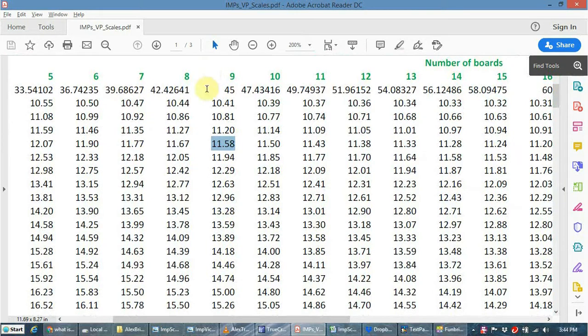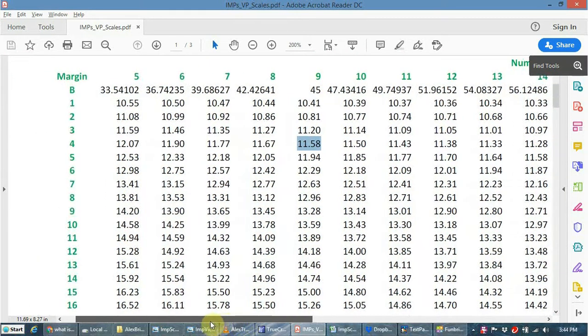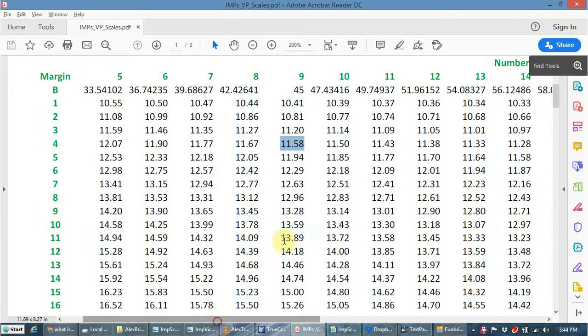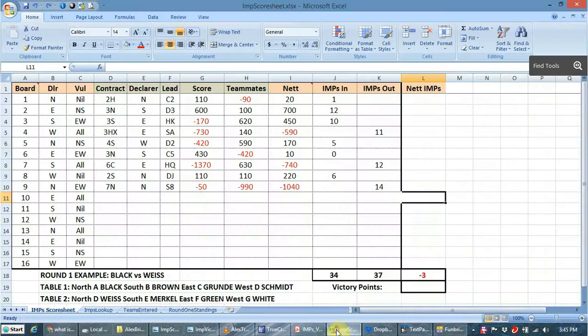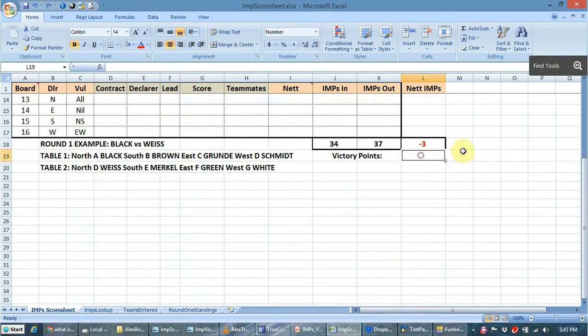We only need to worry about one column here. We played a 9-board match, and so what the World Bridge Federation says is, if you play a 9-board match and the margin was 3 imps, you are scoring 11.2 victory points. And so what I will do is go over here and put in victory points 11.2.